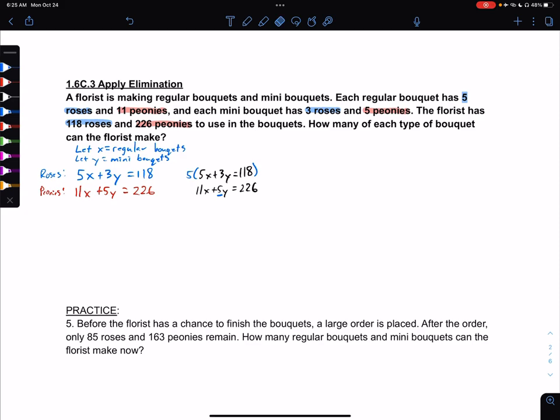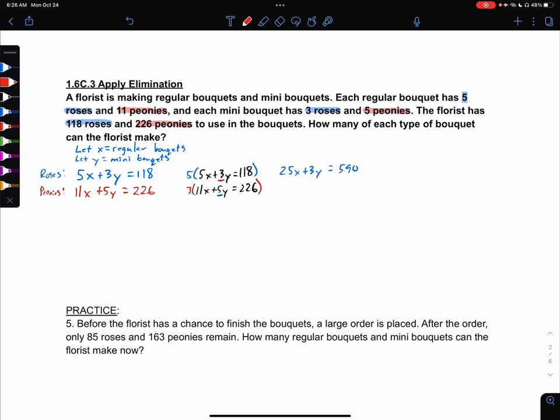So I get 25x plus 3y equals 5 times 118, which is 590. And then I'll do the same thing with the y values, but this time I'm going to multiply by 3.